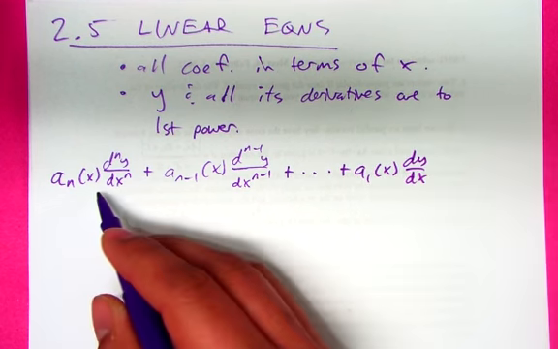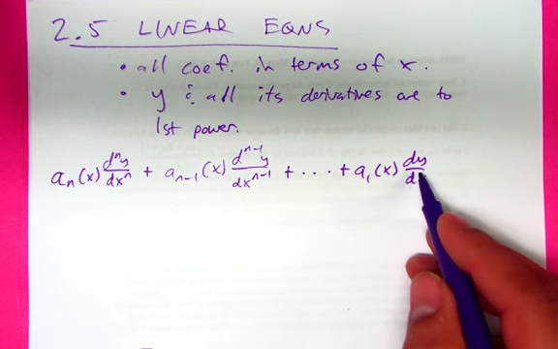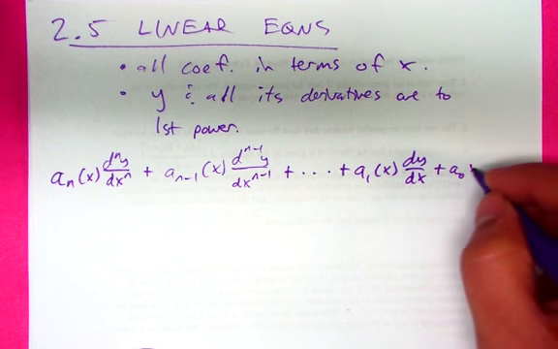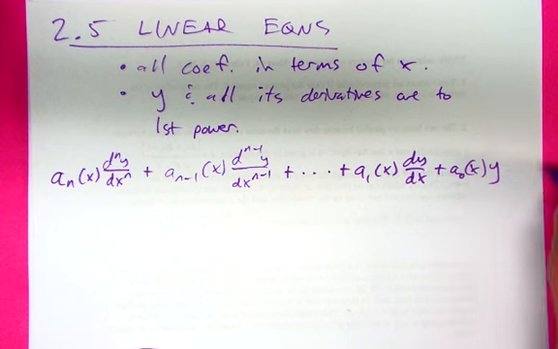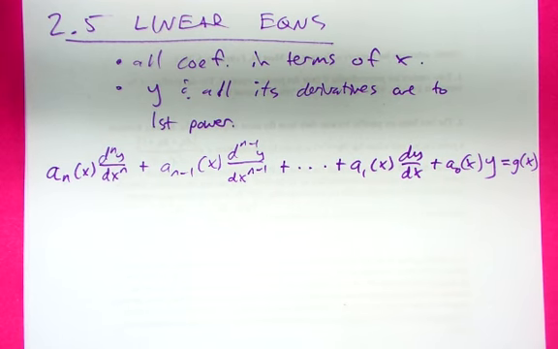So nth derivative, n minus first derivative, etc., first order derivative. And if it's zero order derivative, then we just say it's y. And this equals g of x. Okay, so this is what a linear differential equation is going to look like.